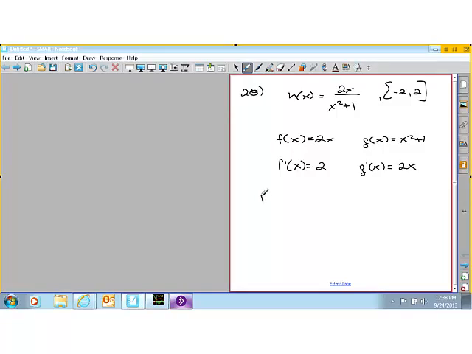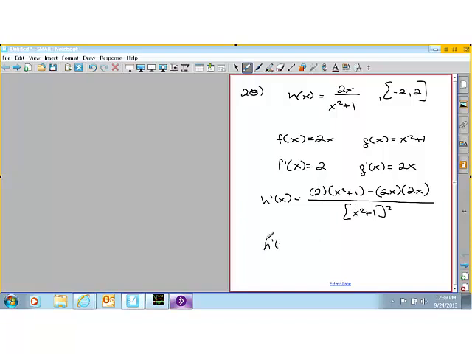So h prime of x is the derivative of the first, or the numerator, times the denominator, minus the derivative of the denominator times the numerator, all divided by the denominator squared.